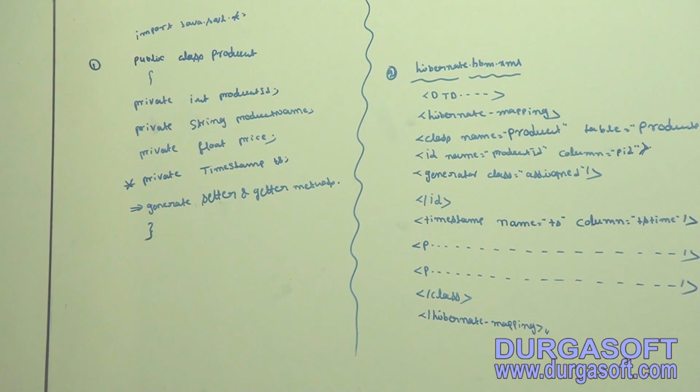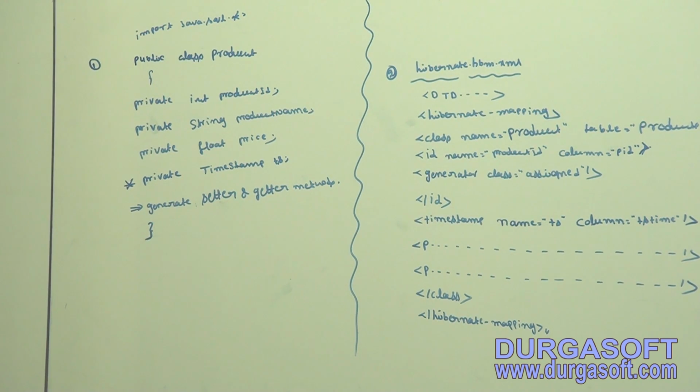Go to Product.java. Under that we can remove this version property. After that we can define here private Timestamp TS. We need to import the SQL package.